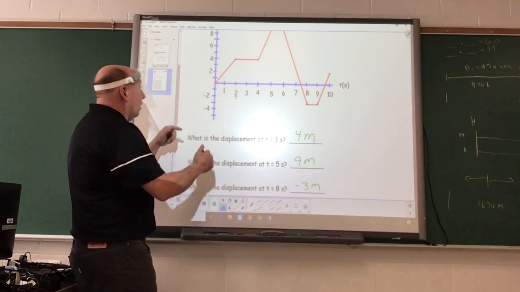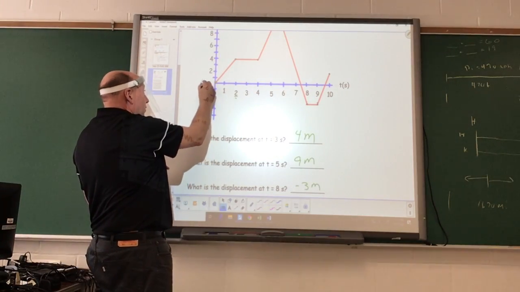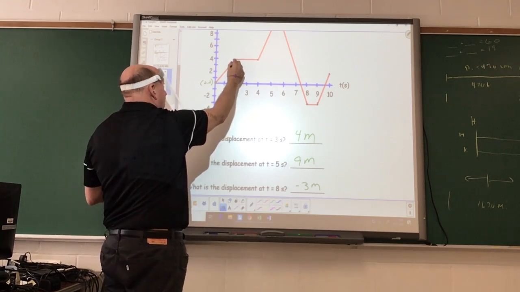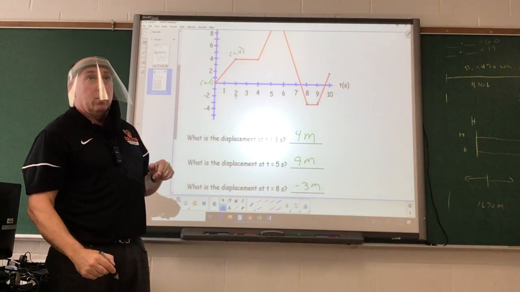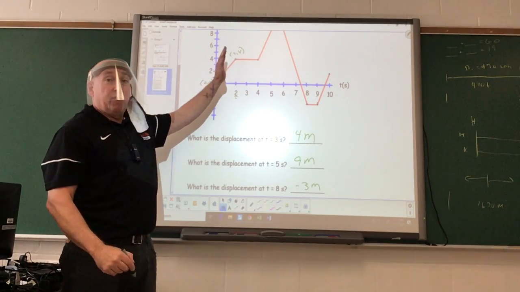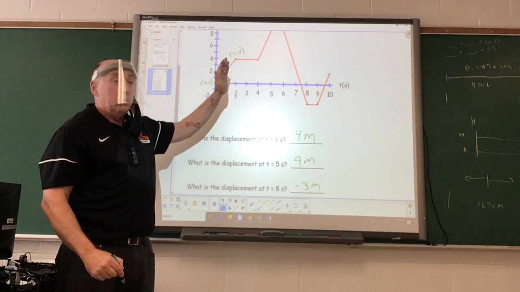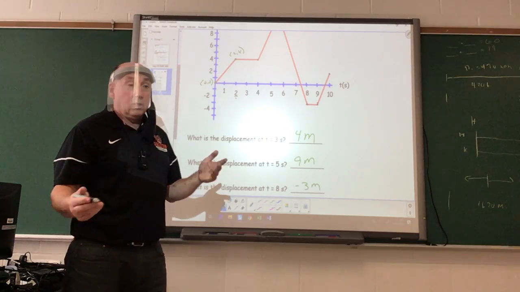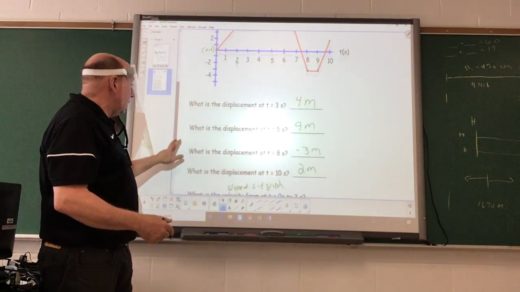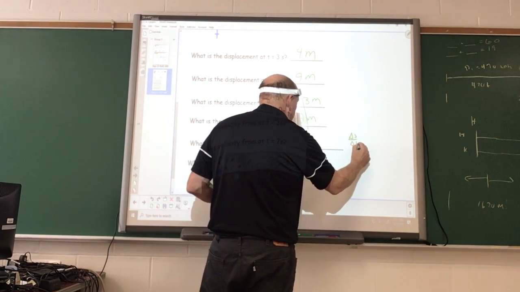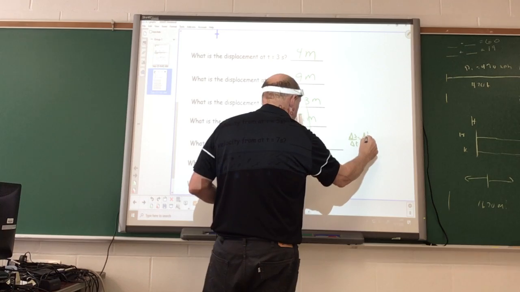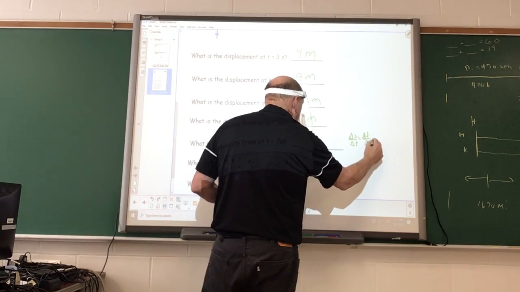So what I have here is 2 ordered pairs, (0, 0) and (2, 4). So I need to find the slope of this line. Well, how do I find slope? Delta S over delta T, or delta D over delta T?